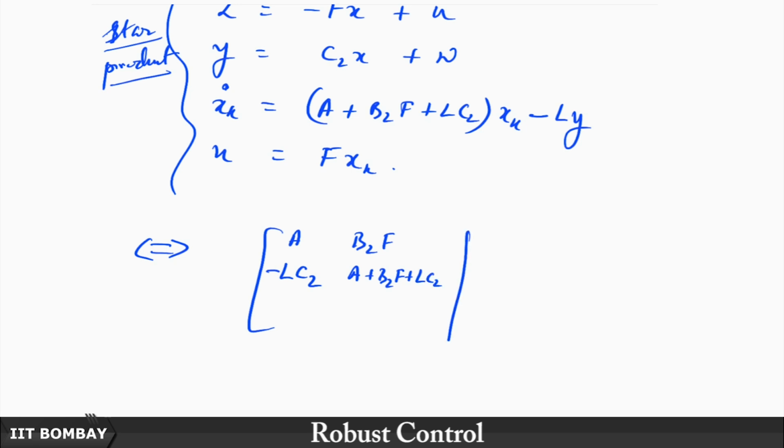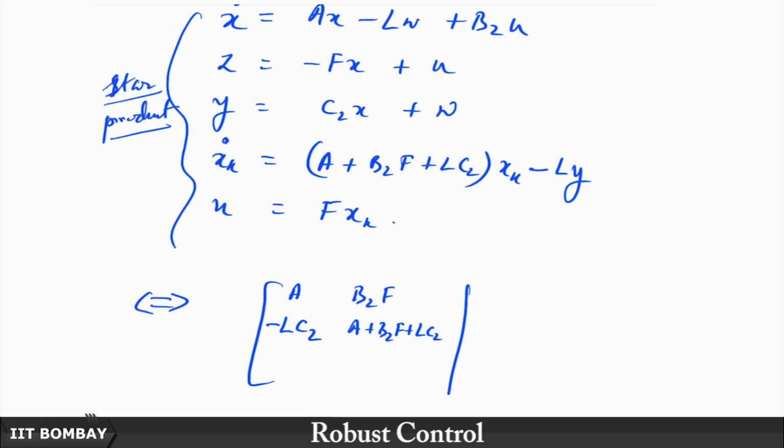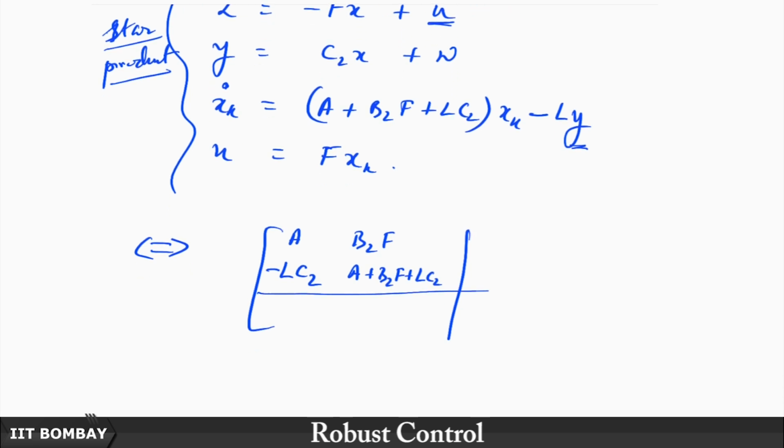It is just routine algebra, nothing fancy at all. This y I can substitute as C2x plus w, and this u I write as Fx. That is all that you need to do in order to write this interconnection. And then there is this minus L and minus F and a 0 here.